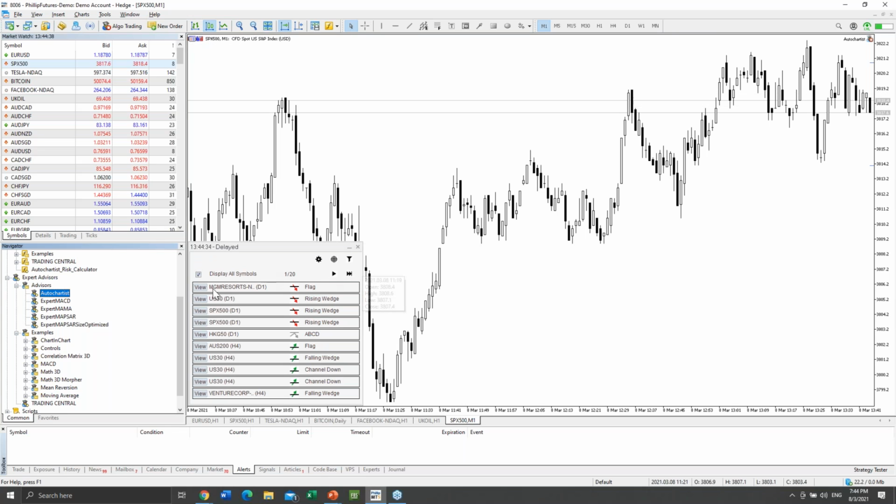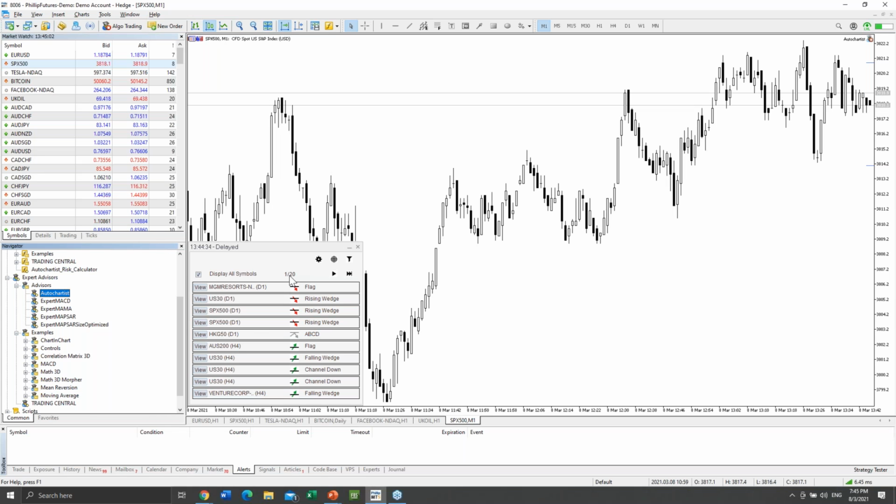Over here you can see approximately 10 pairs or symbols that are populated, with the pattern on the right and the symbol on the left. And you can see that there are 20 pages of them. So what this means is that there are almost 200 opportunities currently based on chart patterns.